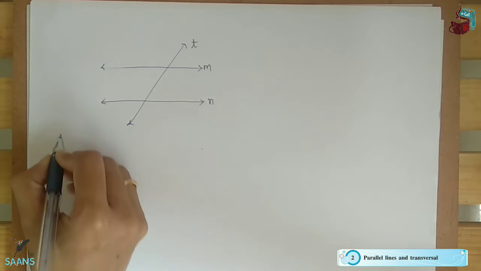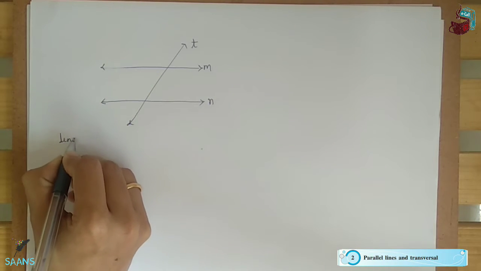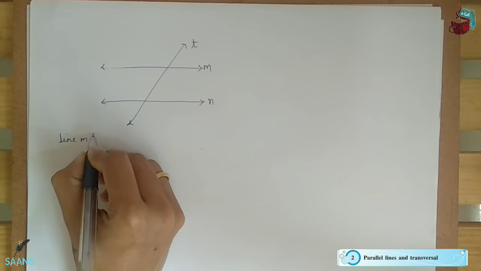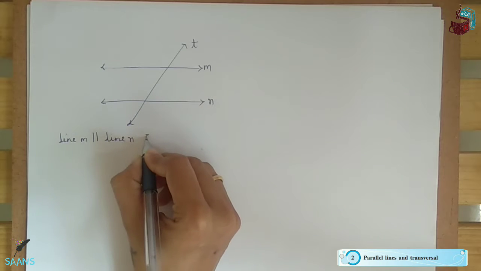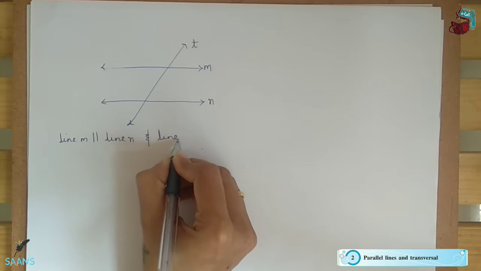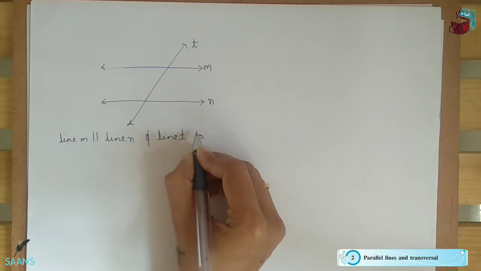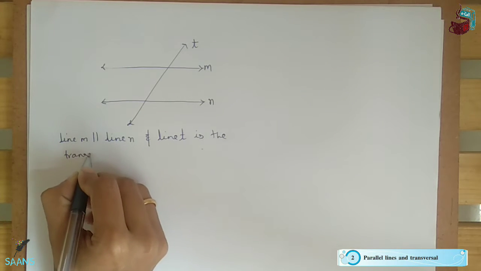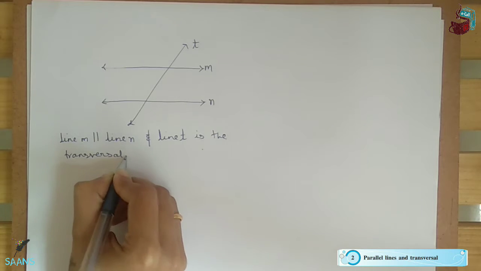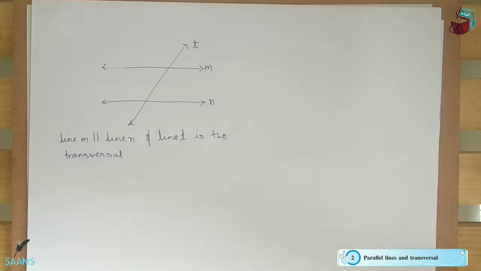So how do we write it? We write line M is parallel to line N and line T is the transversal.